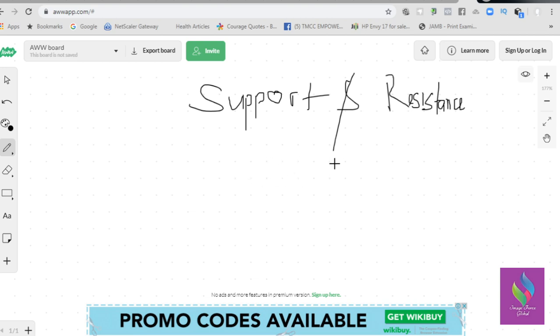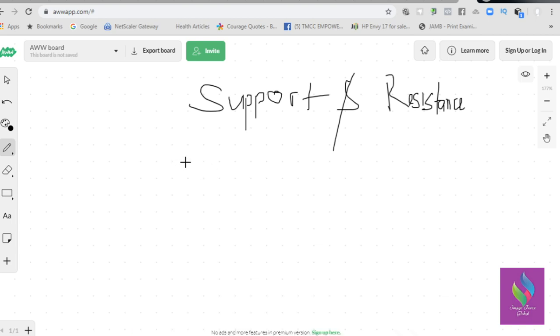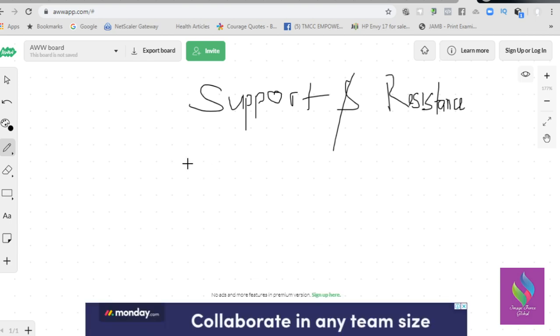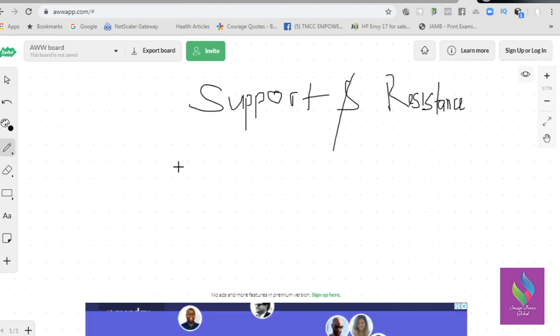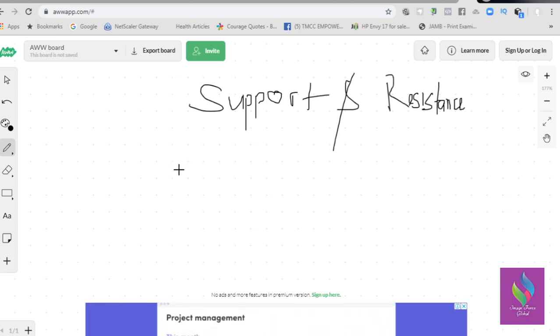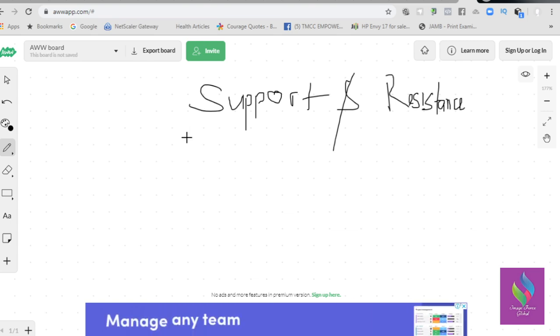So when it comes to support and resistance, the basic questions we are supposed to be asking are: how can it affect me? How can I use it? How can this support and resistance be used?